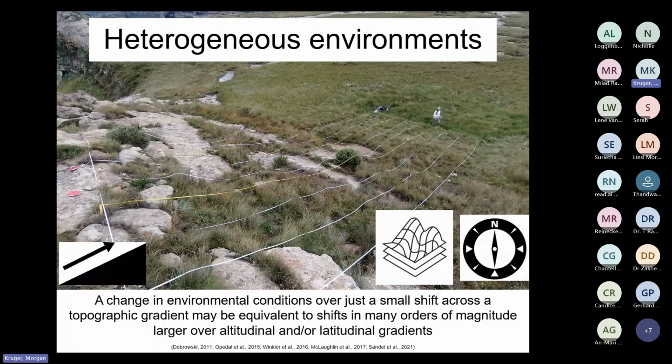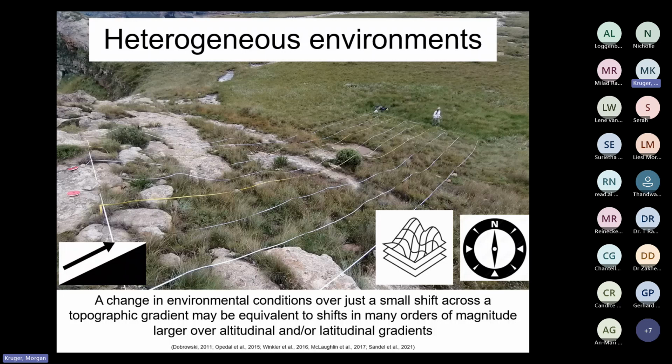Fine-scale topographic complexity is a characteristic feature of these types of environments, and this has important effects on plants. For example, in heterogeneous environments like these alpine grassland systems or in mountainous systems, we usually have steep environmental gradients over small spatial scales.